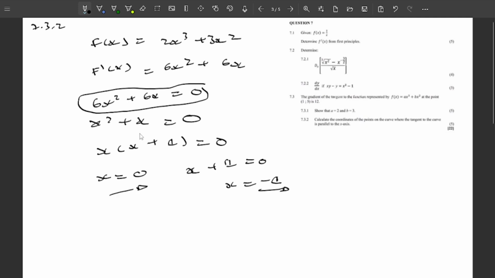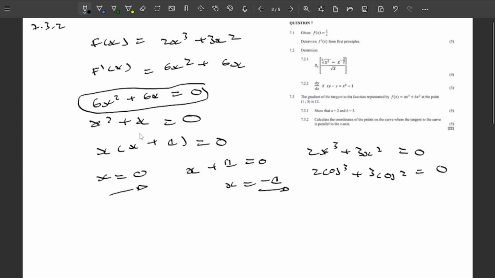Now remember when I said we're going to use this one at the end. This is the point. I said it equals 0 because we let y equal 0, and the maximum point is 0. That's why I put this one as 0. So we say 2(0) cubed plus 3(0) squared equals 0.